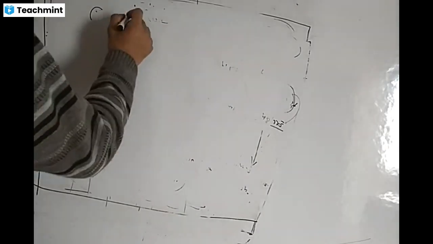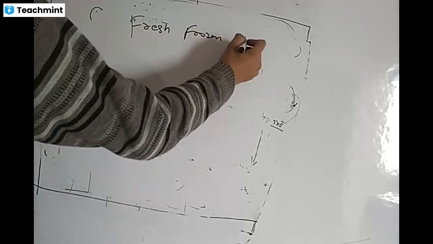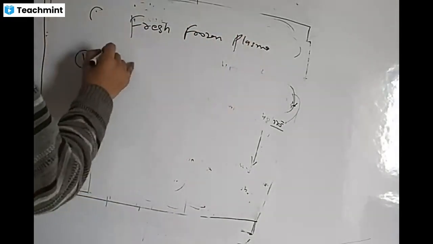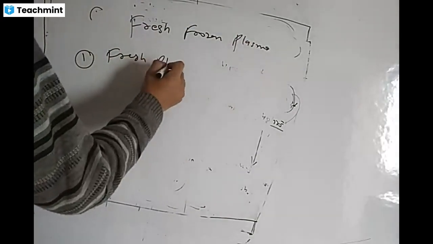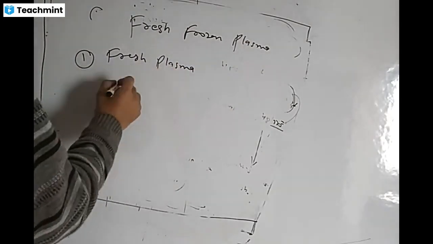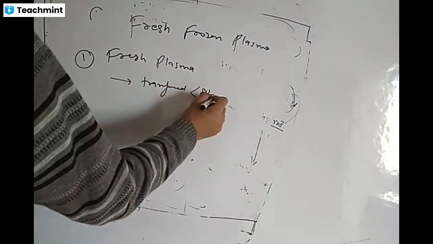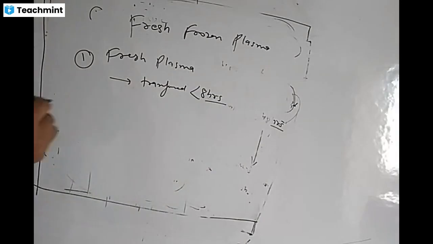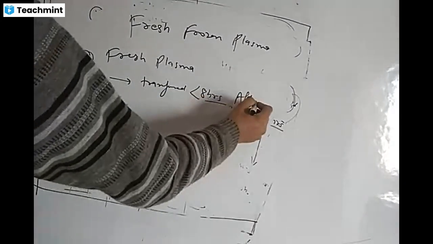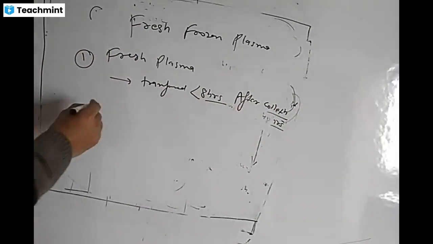If we look at the term plasma, there are three terminologies: fresh plasma, fresh frozen plasma, and frozen plasma. Number one, what is fresh plasma? Fresh plasma means plasma which is transfused less than 8 hours after collection.